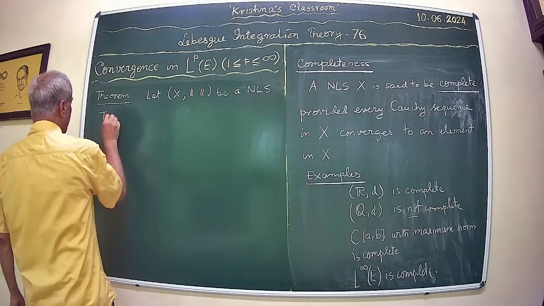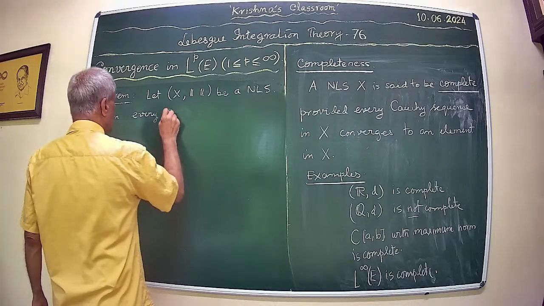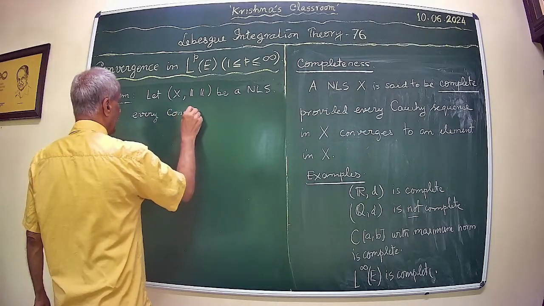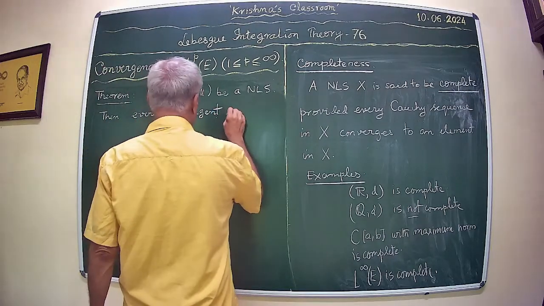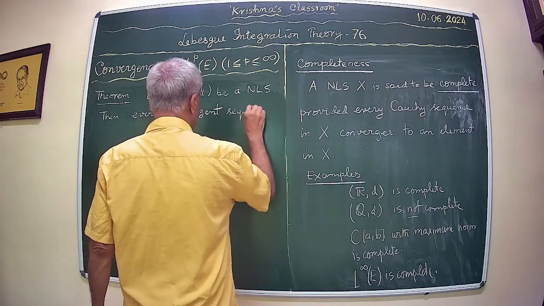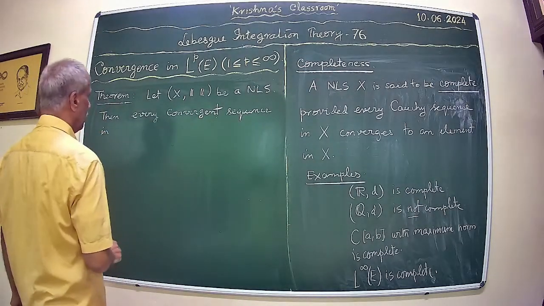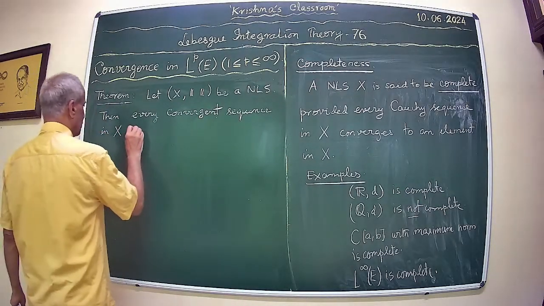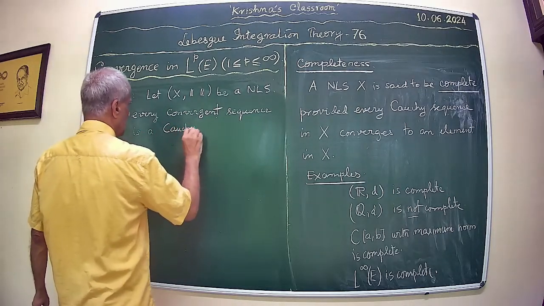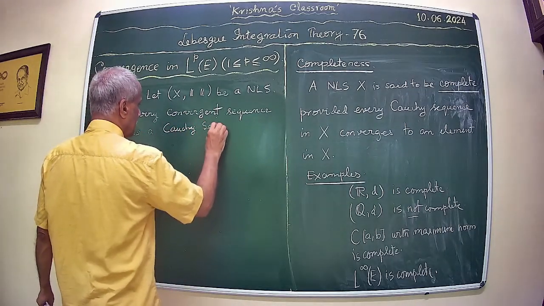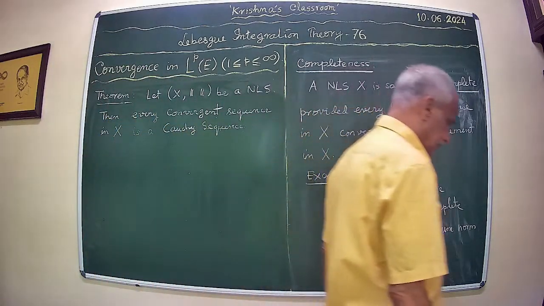Then every convergent sequence in X is a Cauchy sequence.